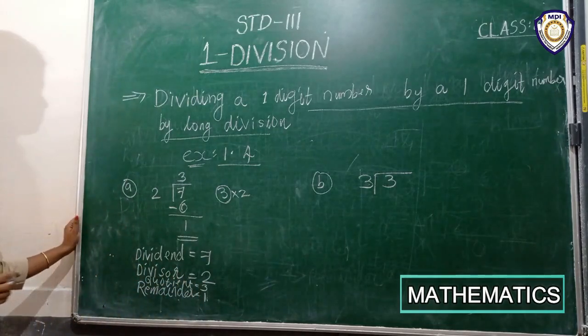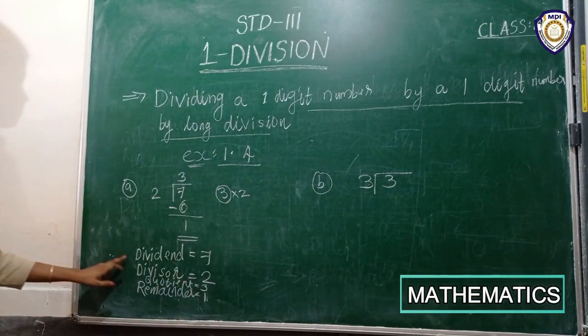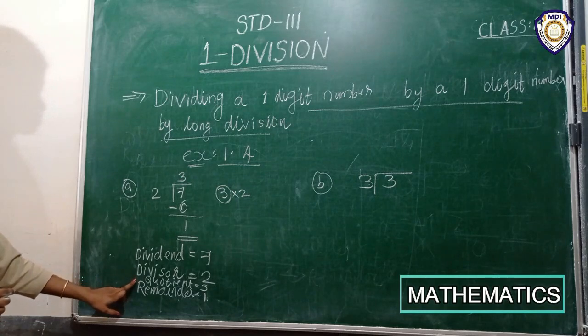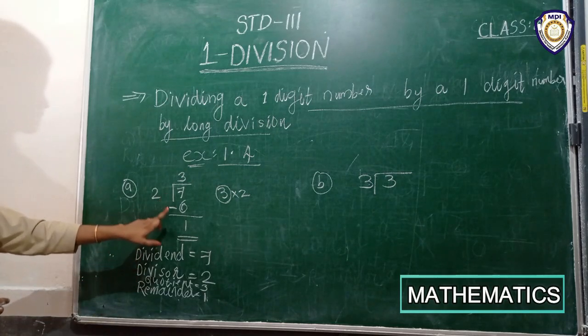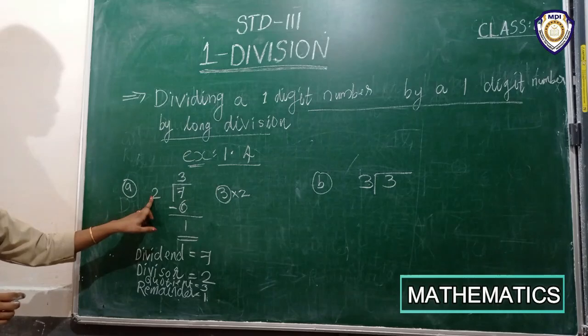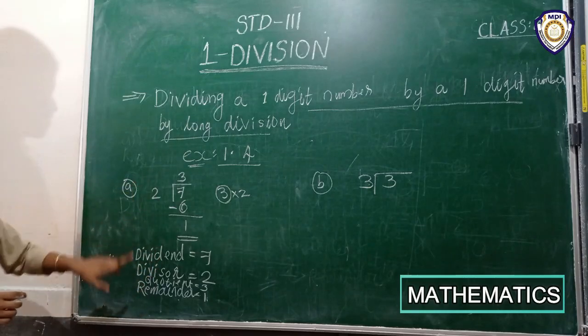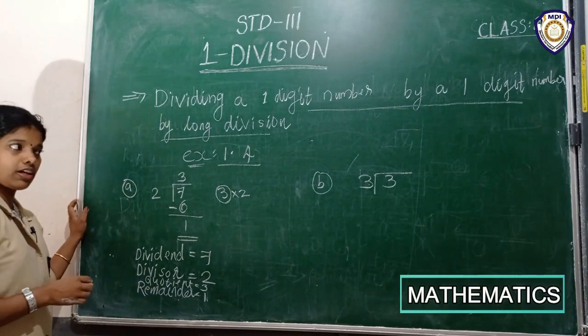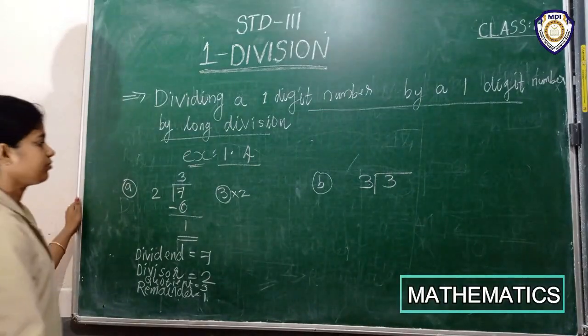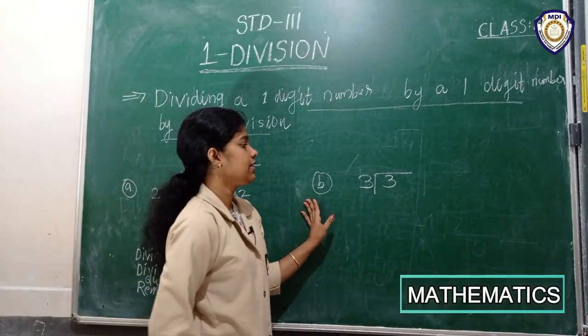Dividend, divisor, quotient and remainder. Okay, then next one, B.